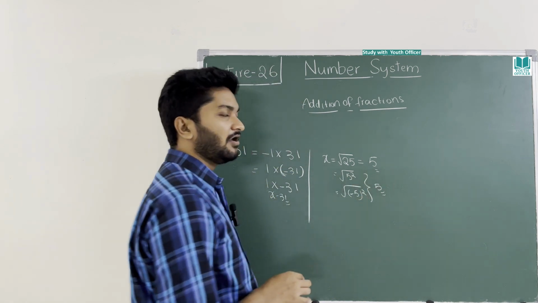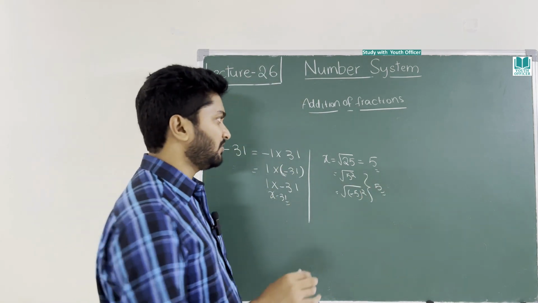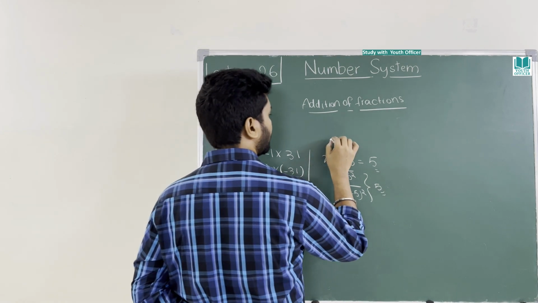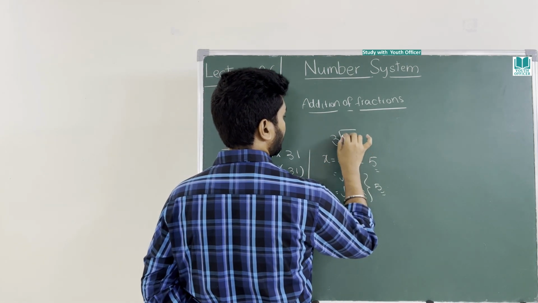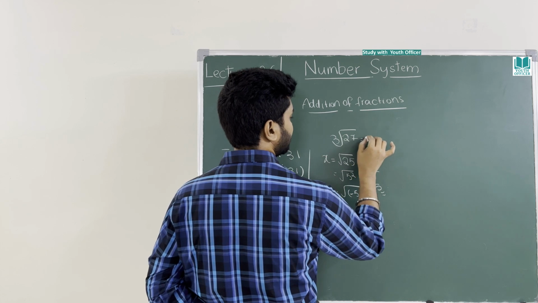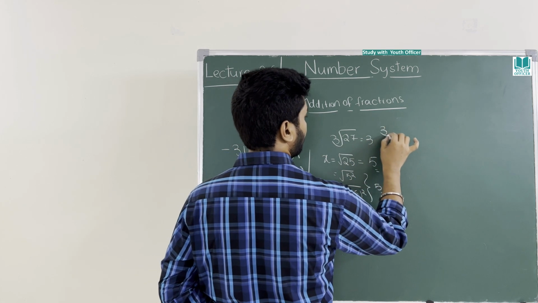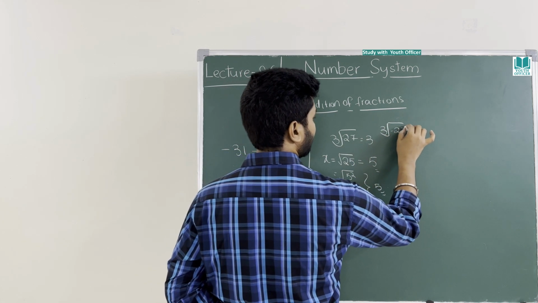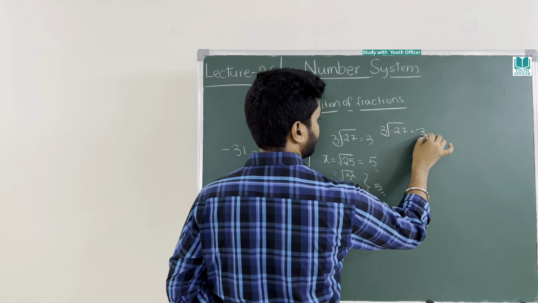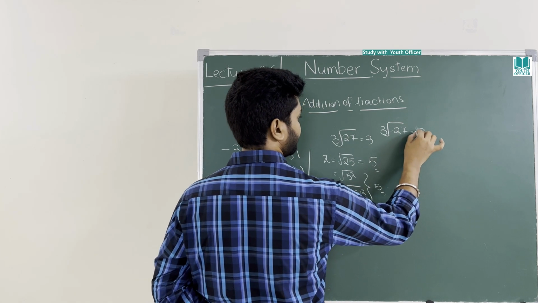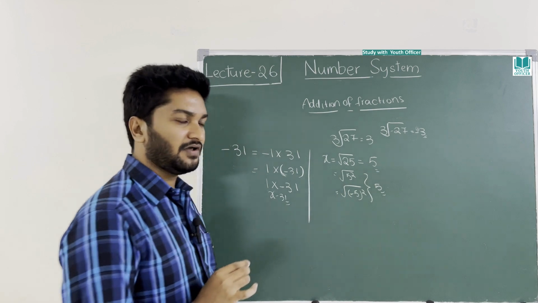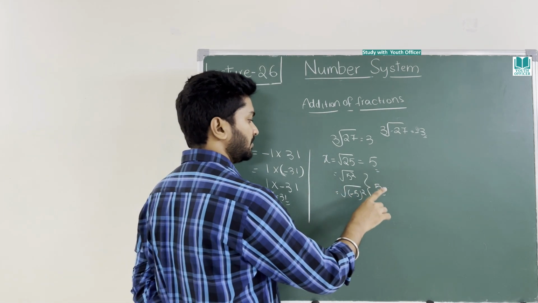Square root of something will always bring you a positive number. But if you take the cube root of 27, the answer will be 3. But cube root of minus 27 will give you minus 3. Please make a proper note of this. Square root will always give you this.